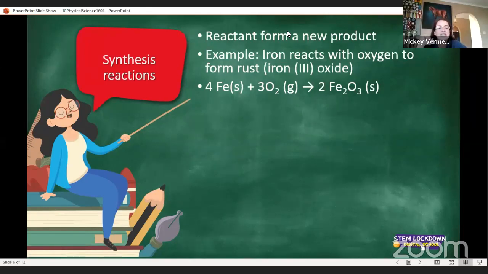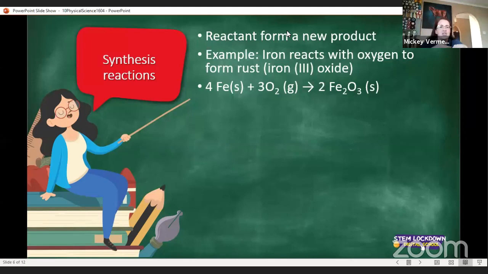Miss P, valence electrons are the electrons in the outer shell. Amani, you are correct. I'll get you. Okay, they are not the only electrons an element has, but they are the electrons that can react.